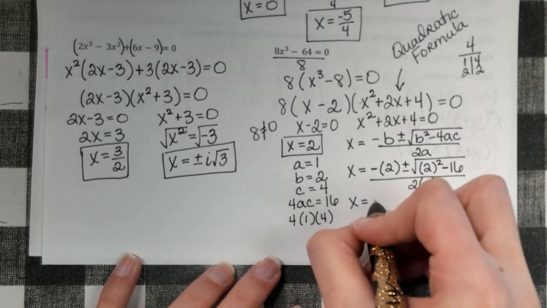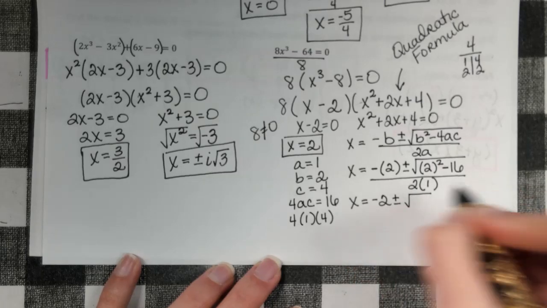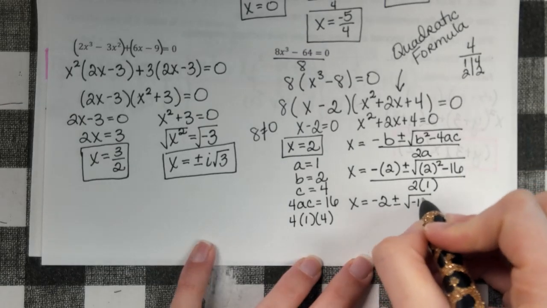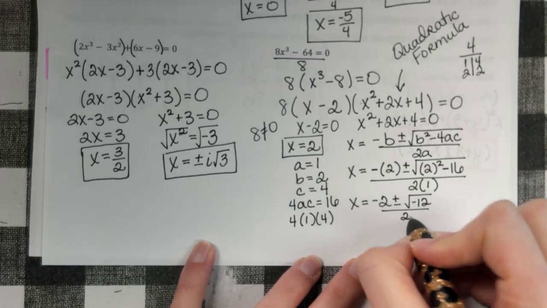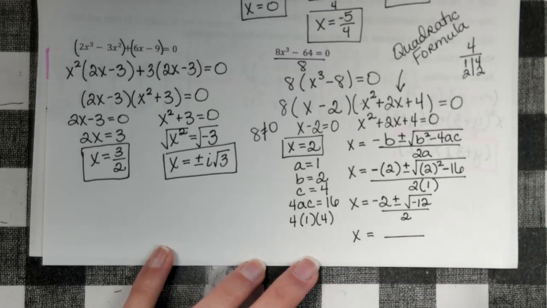Clean it up. X equals negative 2 plus or minus the square root of 2 squared minus 16. Remember, you could type that in your calculator. That's 4 minus 16, which is a negative 12 all over 2. Now, what do I do with the square root of negative 12?